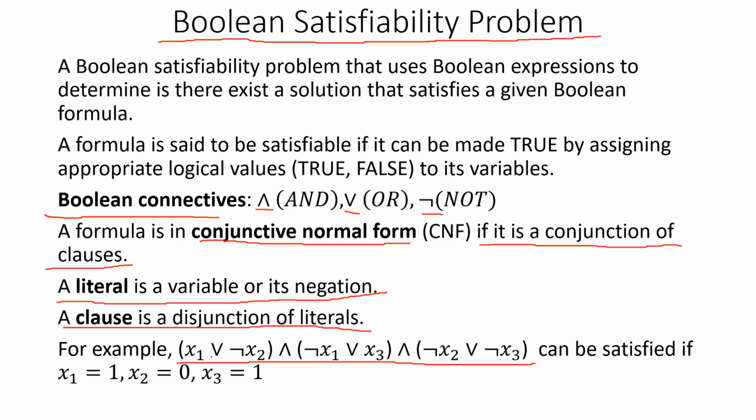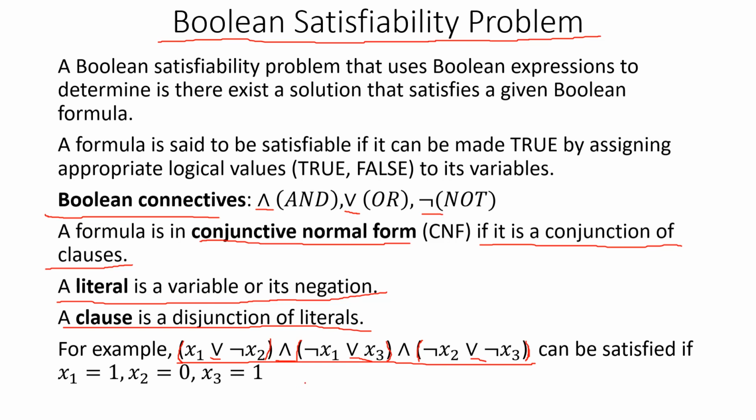And we have these OR connectives here. Everything inside the parentheses is a clause, a disjunction of literals, and should be connected with OR. This is the first clause, this is the second clause, and this is the third clause, and everything is connected with the AND operator.